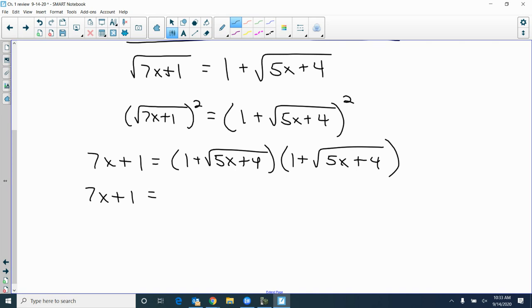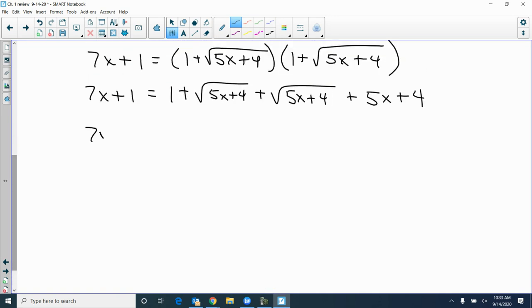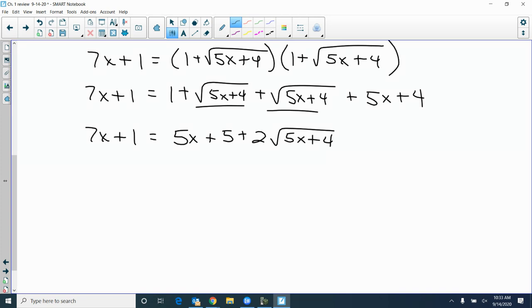When I FOIL, I get 1 times 1, which is 1, plus square root of 5x plus 4, plus square root of 5x plus 4, plus, now when the two square roots are multiplied, you're just left with what's on the inside. Combine like terms there on the right. So I get 7x plus 1 equals, what is that, 5x plus 5 plus 2, when you add those together, you get 2 square root of 5x plus 4.